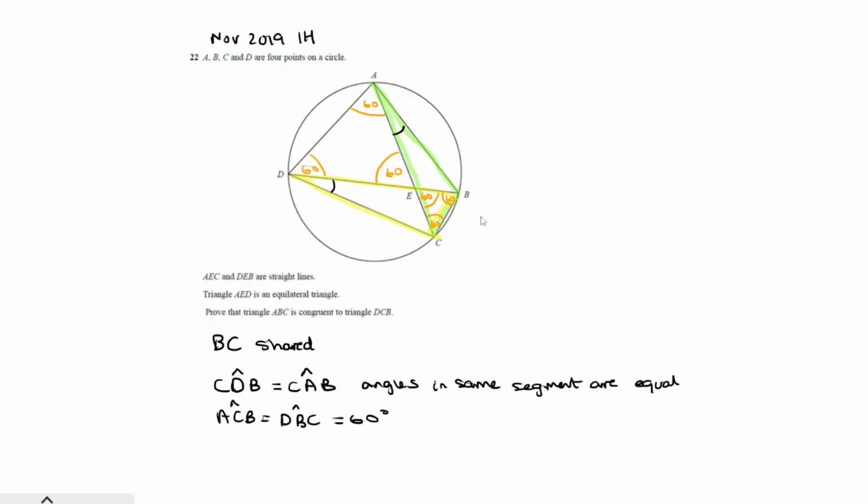Also, if you draw on it, they do take that as working as well. So we've got BC, we've got this angle, and then yeah, they've said that you can use your pairs of equal angles shown on the diagram as well.